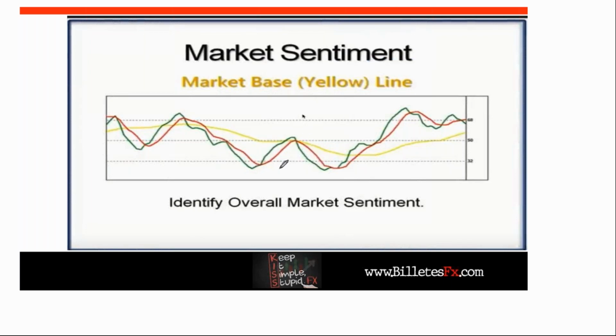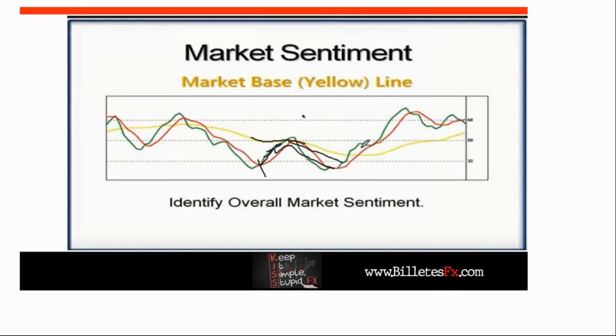If I could explain this to a kindergartner, I would say that the green line is trying to lift a heavy weight, but it can't. It's trying to move this heavy weight, but it won't move it. And the market baseline ultimately wins out. And then the current price drops.